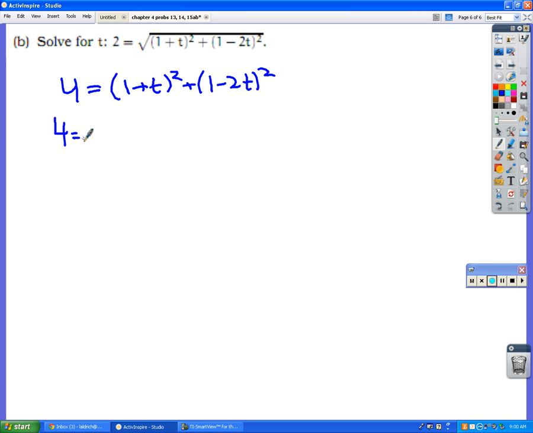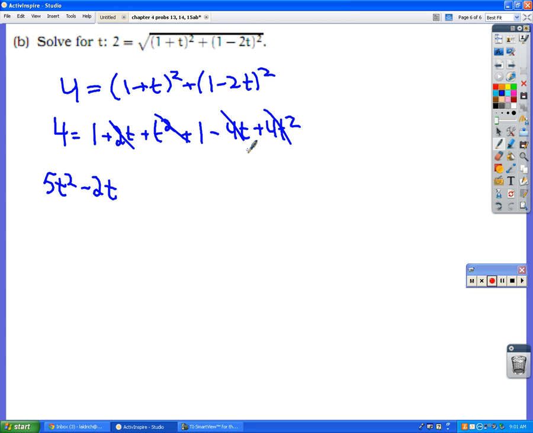So if I FOIL this, what do you get? 1 plus 2t plus t squared. And if I FOIL this, what do I get? 1 minus 4t plus 4t squared. All right, so if I combine my like terms, t squared and 4t squared is 5t squared. 2t, take away 4t is negative 2t. 1 plus 1 is 2. Equals 4. Swing the 4 over to the other side.